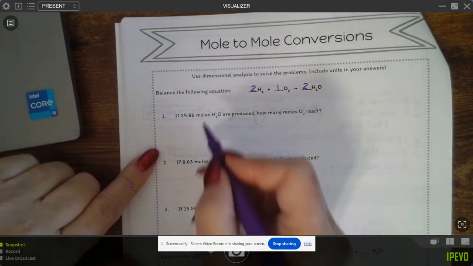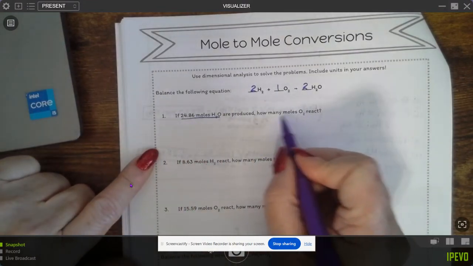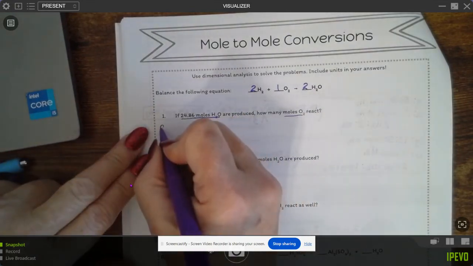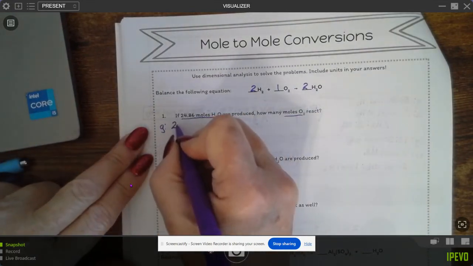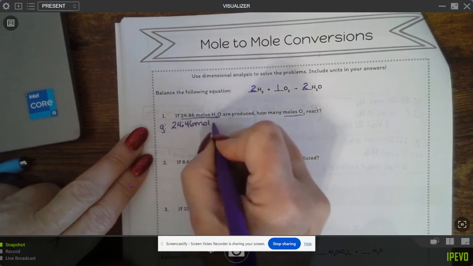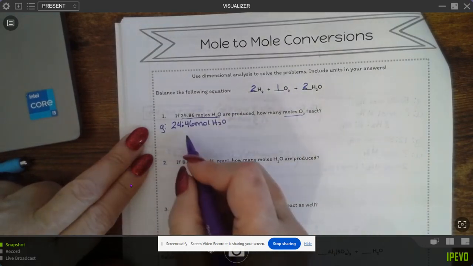So if 24.86 moles of water are produced, how many moles of O2 were needed to react? So my given is 24.86 moles of H2O. Now, once you get used to this, I don't care if you write the given and unknown.